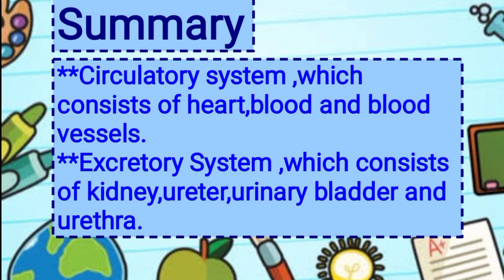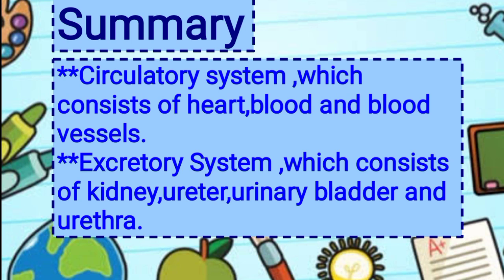So, ureters carry all that urine from the kidney to urinary bladder, and the urine which is stored in the urinary bladder is excreted through urethra out of your body. And your kidneys make urine by filtering waste and extra water from your blood. The urine travels from the kidney to the bladder in two thin tubes which are called ureters.